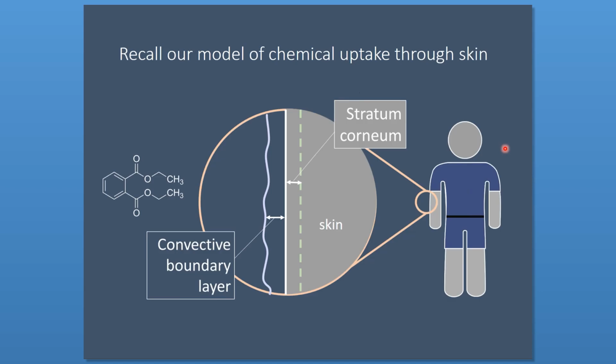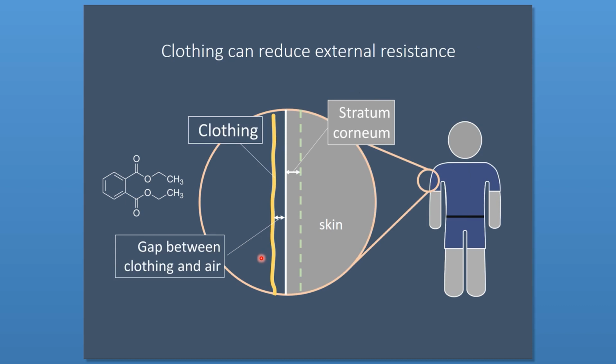If you recall our model of the chemical uptake through the skin, there are these different resistances: the convective boundary layer and the stratum corneum of the skin. When we put on clothing, we're actually changing this convective boundary layer. Basically, we're replacing it with clothing. Now, the clothing, if it has equilibrated with the air around it, basically reduces the distance between the contaminated air next to the clothing and our skin.